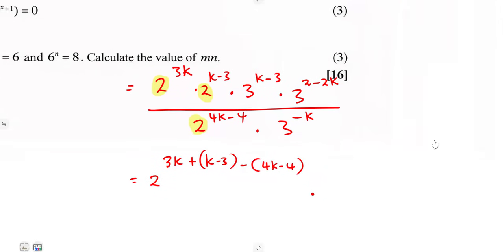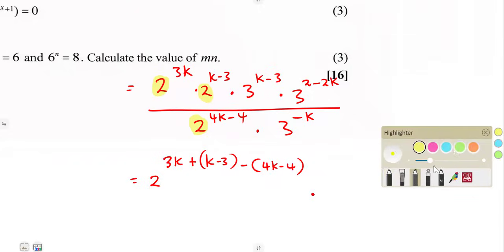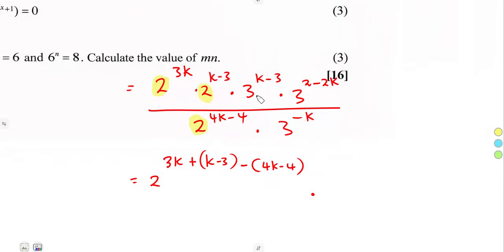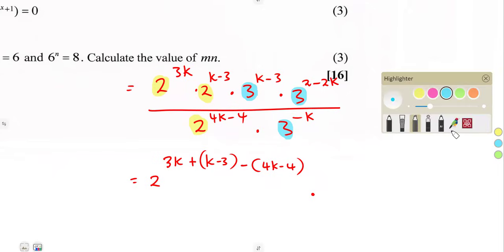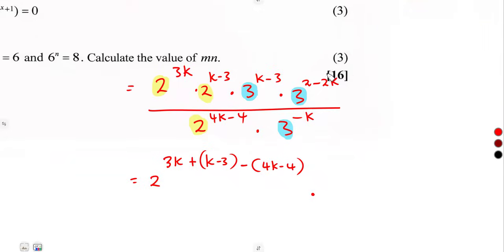Then we move on to 3. 3 is also to be considered. There is a 3 here, there is a 3 here, there is a 3 here. In the numerator, you're going to add the exponents as you are multiplying: k minus 3 plus the exponent 2 minus 2k.